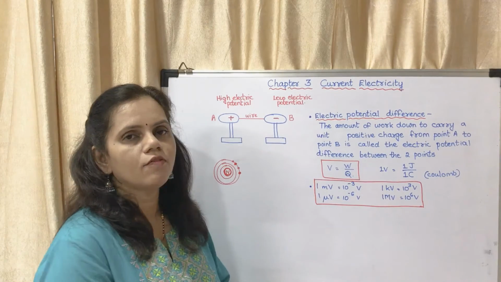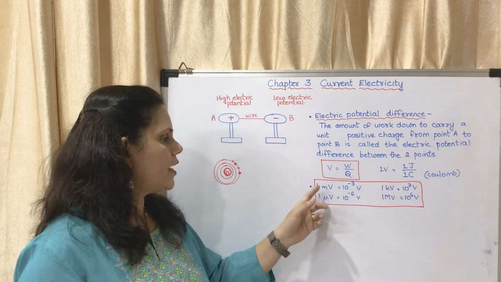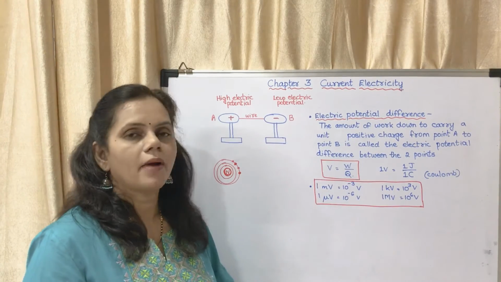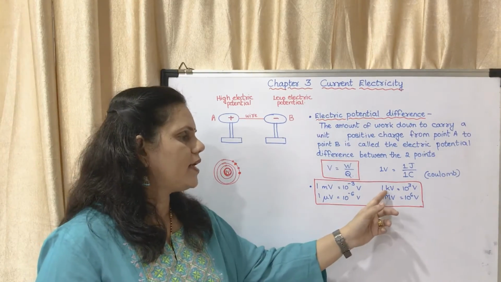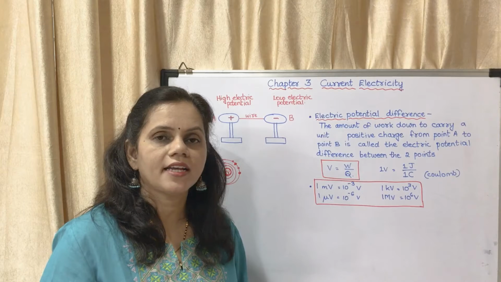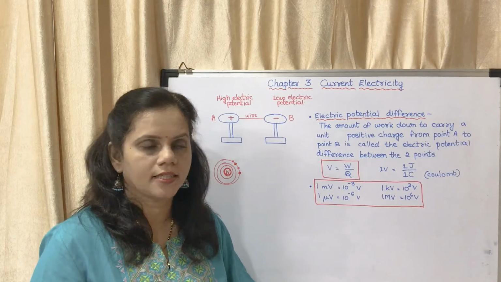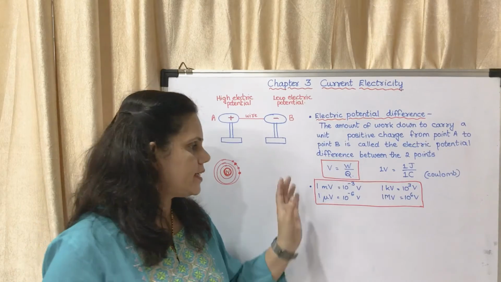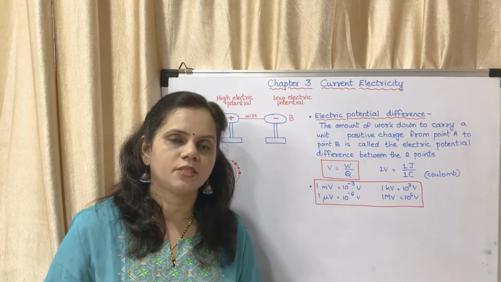Just like millimeter, we have millivolt. 1 millivolt is equal to 10 raised to minus 3 volts. 1 microvolt is equal to 10 raised to minus 6 volts. 1 kilovolt is equal to 10 raised to 3 volts, just like 1 kilogram is 1000 gram, and 1000 is the same as 10 raised to 3. 1 megavolt is equal to 10 raised to 6 volts. These are all fill in the blanks. So you may mark this much in your textbook.